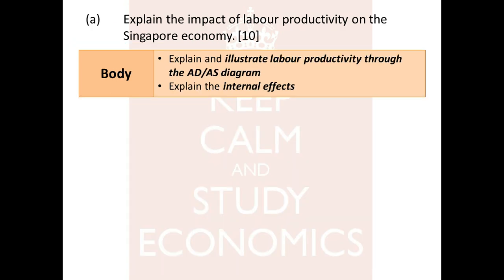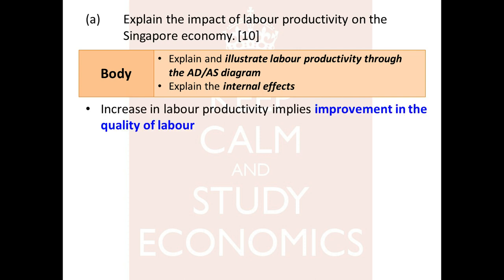Okay, the first point is to explain and illustrate labor productivity through the ADAS diagram. Okay, and from there we would then see what are the internal effects. Okay, so firstly, an increase in labor productivity implies an improvement in the quality of labor. So basically, every unit of your labor can produce more goods.